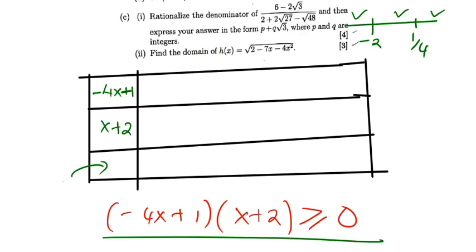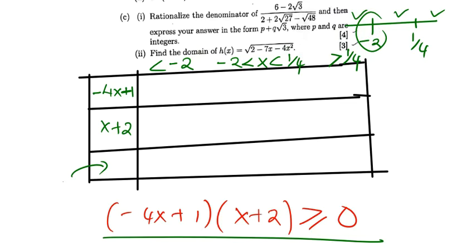That is, values that are less than negative 2, and then values that are between negative 2 and 1 over 4, and then also values that are greater than 1 over 4.